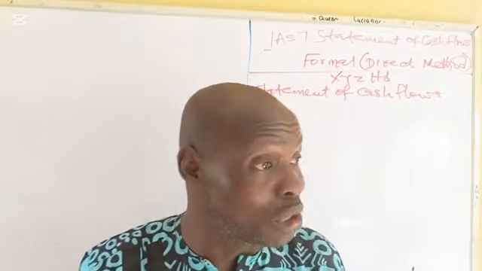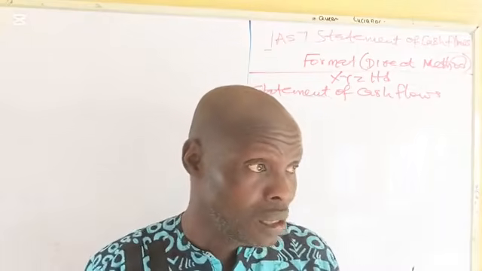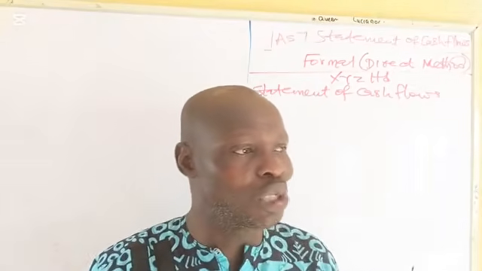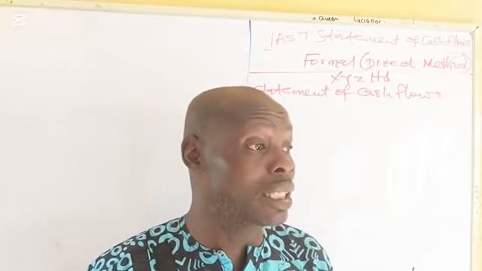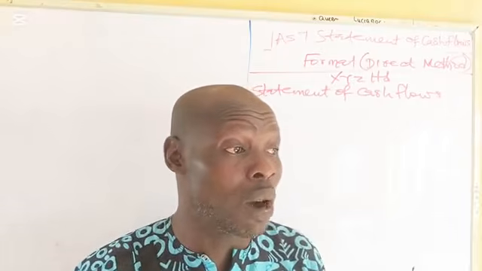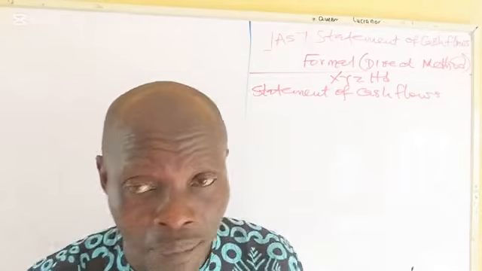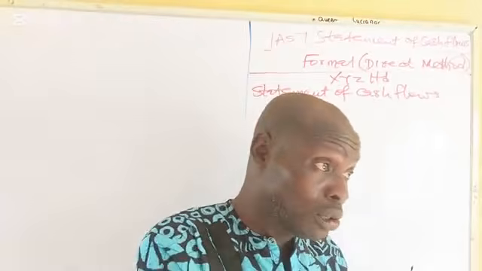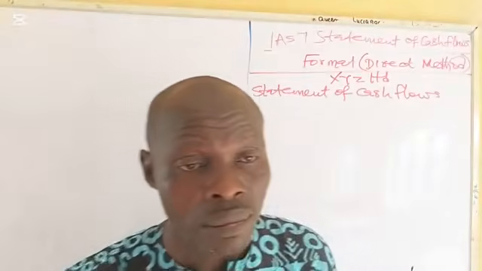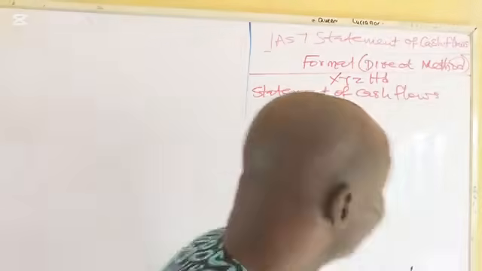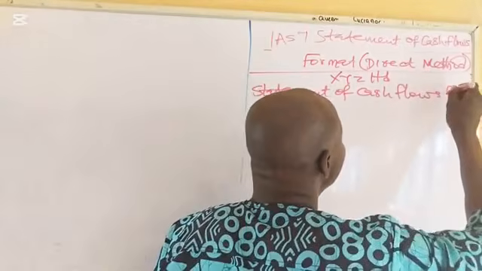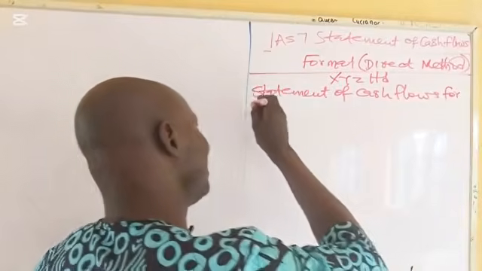I've seen tests that use "as at", and it is wrong. Go into the Pathfinder, any solution of statement of cash flow. If you see them using "as at", that means the person who solves it doesn't know what he is doing. I've not seen that in the ICAN Pathfinder before, but I saw it in the textbook using "as at". It's wrong. Statement of cash flows for the year ended.